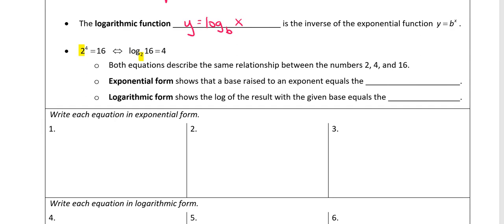Both of these equations describe the same relationship between the numbers 2, 4, and 16. What's different is that the exponential form gives us the answer. It says the base raised to an exponent equals the result or the answer.